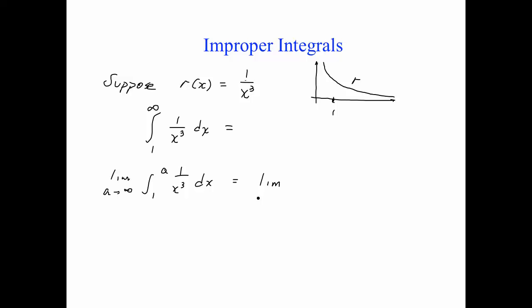We've learned all these techniques for integration, and this is an easy one. You don't even need a technique. We should just know the antiderivative of 1 over x cubed.